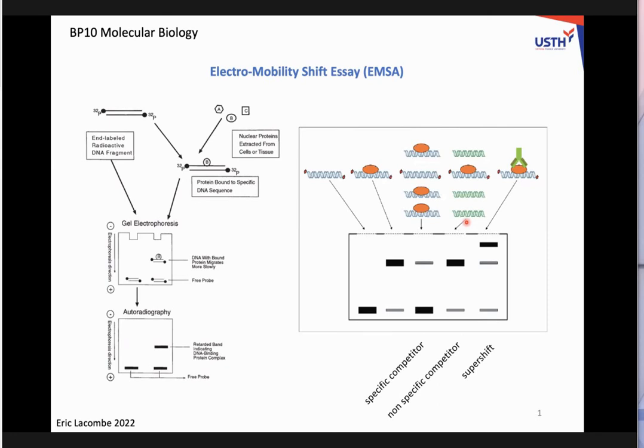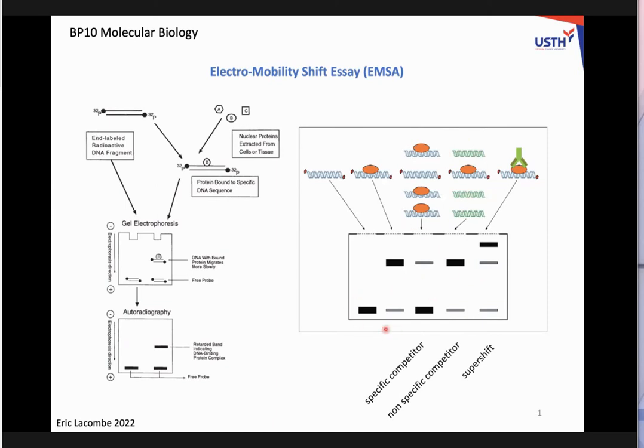Second experiment, and the last one, you do the same, which is a non-specific competition. So instead of putting the same DNA fragment as the probe, the same sequence, you put a different fragment. And if the protein that is able to form a complex with your piece of promoter is specifically recognizing this sequence, it will never recognize a sequence of DNA which is different. And so you find back the complex.